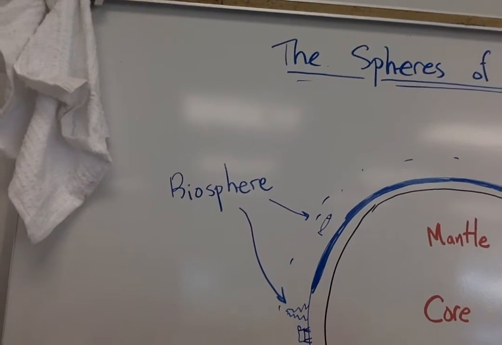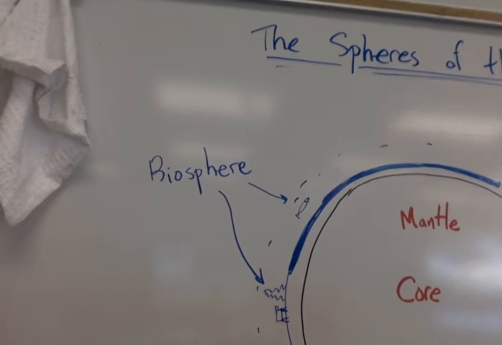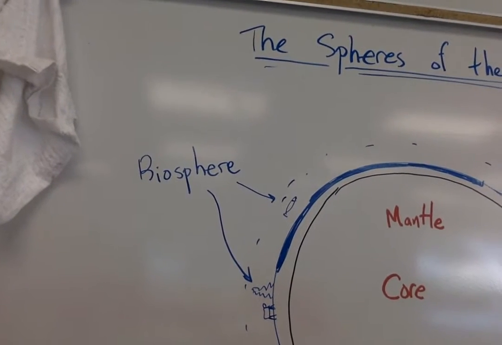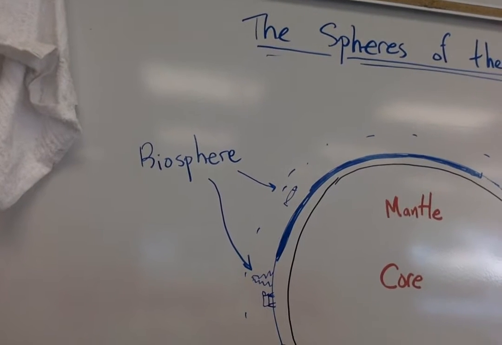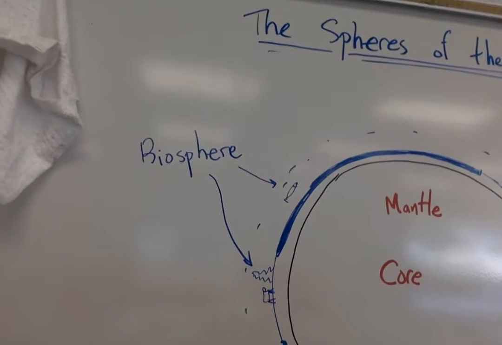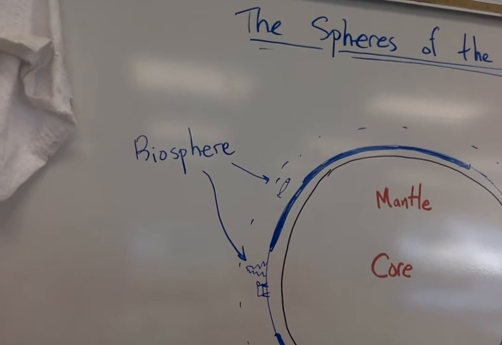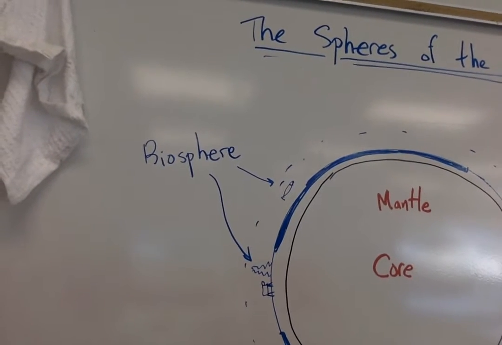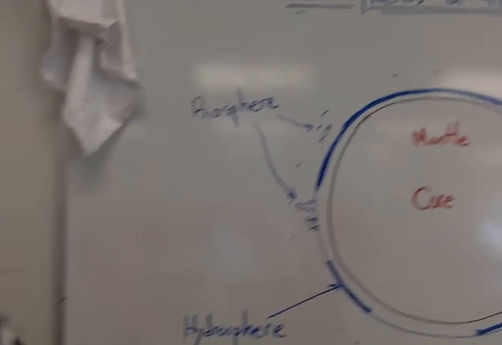That sphere of life, thin and precious, is the biosphere. Organisms of the biosphere live in the water, they live on land, they live underground, and a few of them even live in the atmosphere. Tiny organisms like bacteria, high on the currents of air. So those are the spheres that I'm talking about.